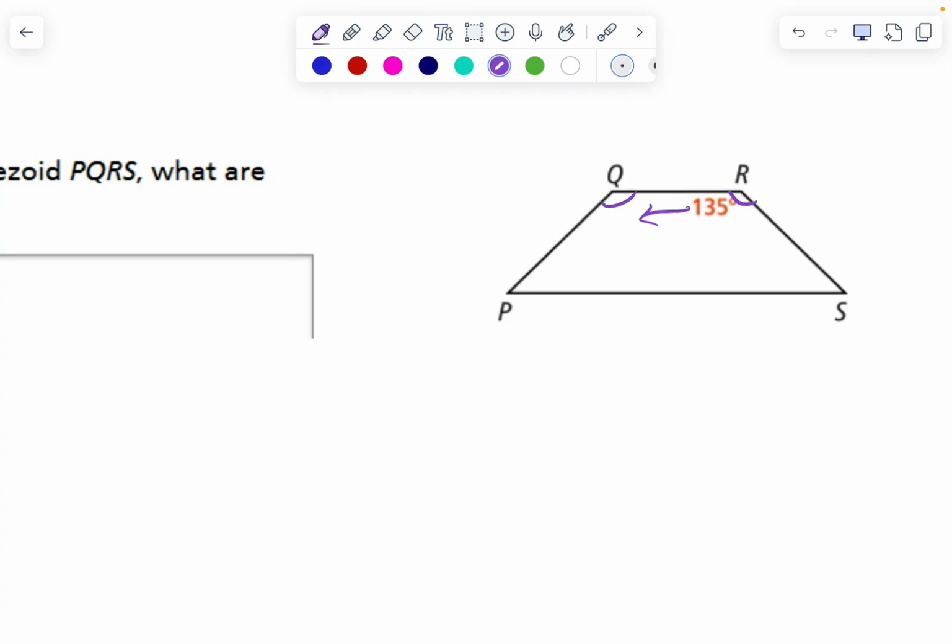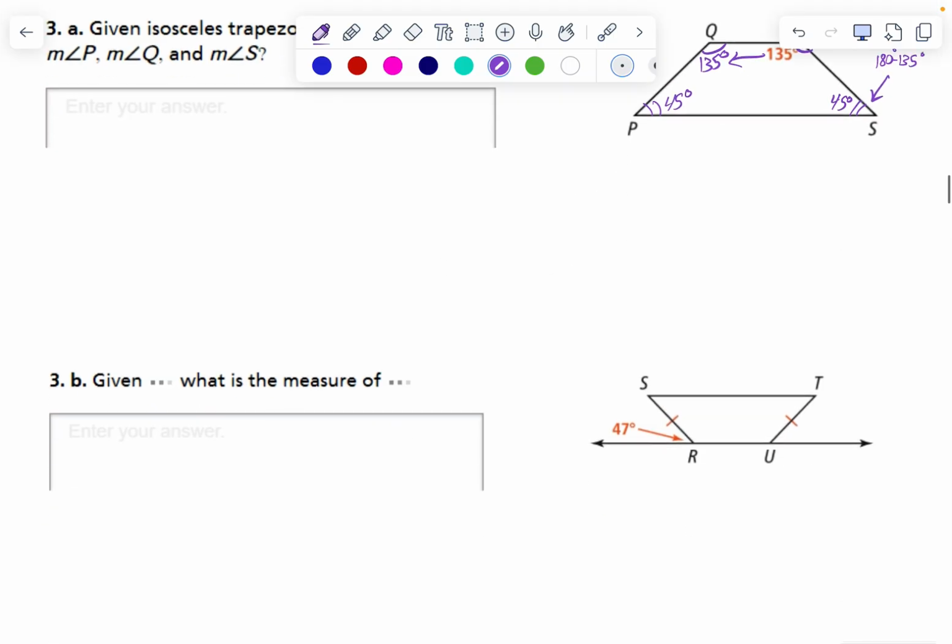So we might as well just copy and paste the 135. And then how do we go from R to S? Okay. And of course we know these two are congruent. So what is 180 minus 135? Good. And then we can copy over here. So that was one that didn't really involve x, but just angle relationships.